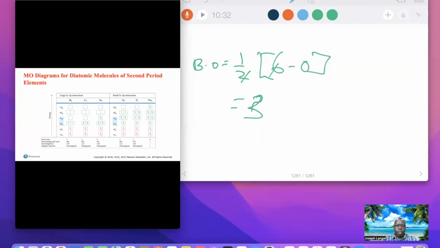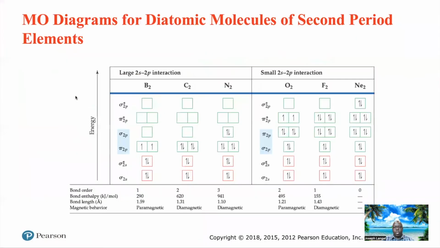We use the molecular orbital diagram also to indicate or state whether a molecule is paramagnetic or diamagnetic. Paramagnetic means it is attracted towards the magnet. When you place it in a magnetic field, it's attracted towards the magnet.